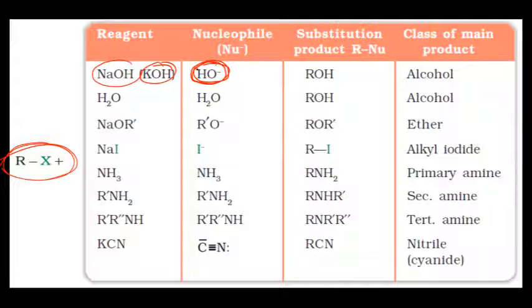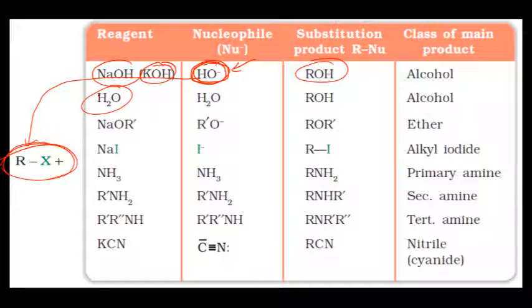If you can remember this table, many reactions you can write. Very, very important table. It looks difficult, but if you can remember, it will solve a lot of problems. So NaOH will give OH minus, which will attack on carbon, and halogen will get detached. That's why alcohol will be produced.